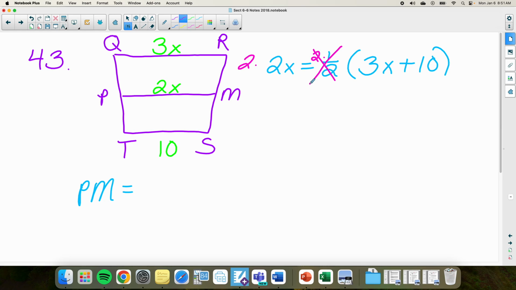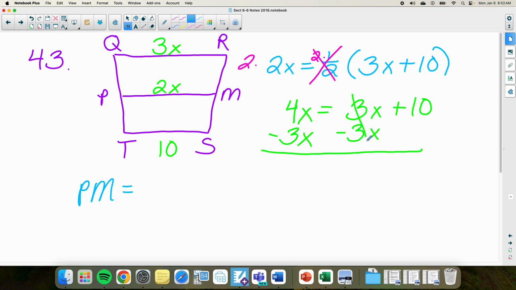So now on the left hand side, 2 times 2x is 4x. And then on the right side, I have 3x plus 10. And then I can just go ahead and solve that with algebra. Subtract 3x, and I get that x is 10. Now that's one answer, but then they want us to find PM, okay?